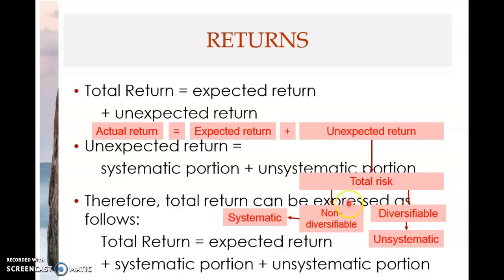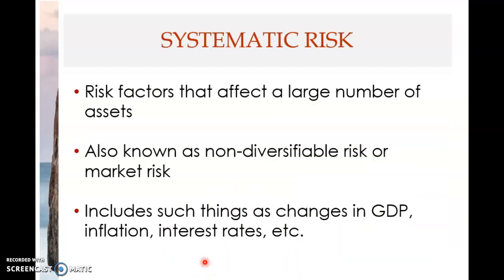But here there will be some portion which is non-diversifiable, and we call that systematic risk. Is that okay? Therefore, we can say that the actual return is made up of expected return plus systematic portion and unsystematic portion. That's what this slide tries to explain.